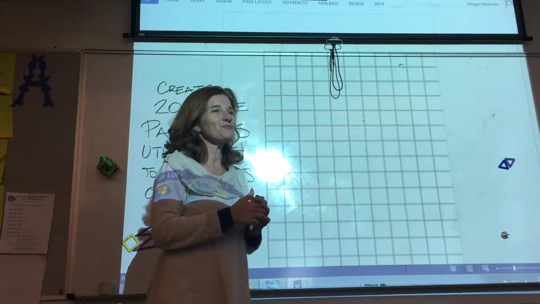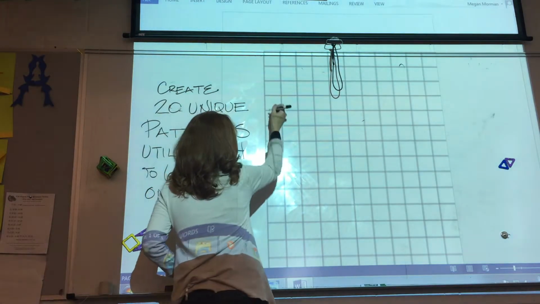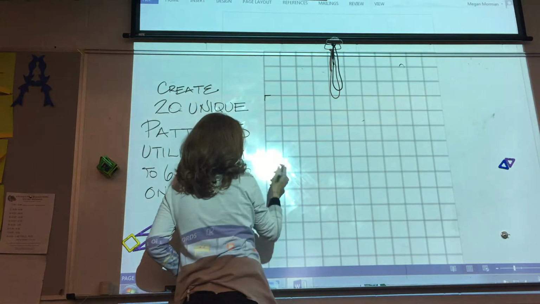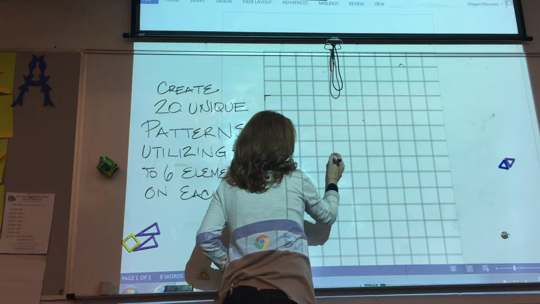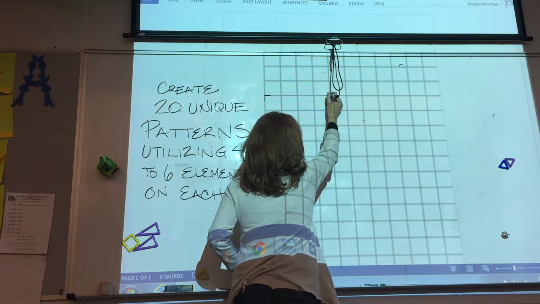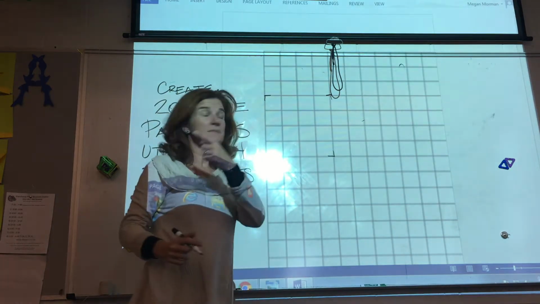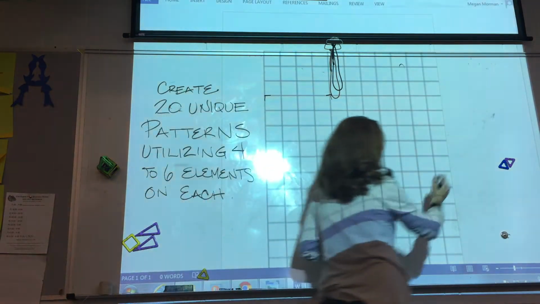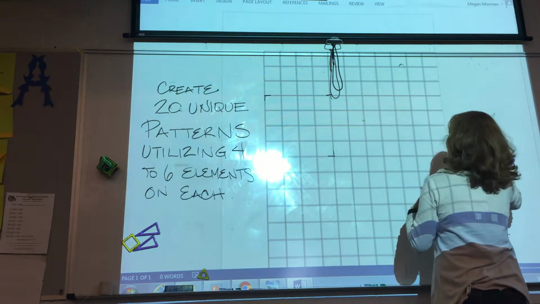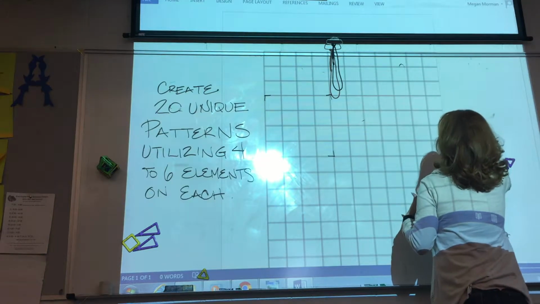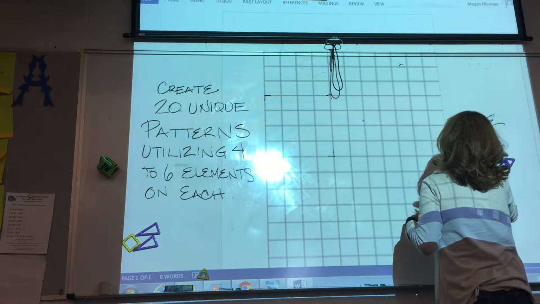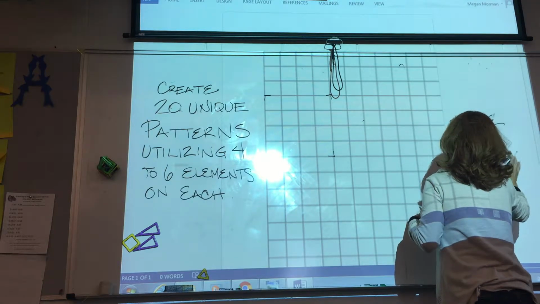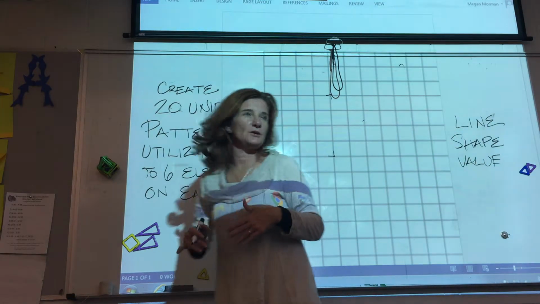What do you think I'm going to draw with the markers? Shapes. Shape is one of the elements that we're going to use. So we got shape, line, and then it's coloring in. That one we're going to call value, because that is basically how light or how dark something is. All right, so those are the 3 elements we're going to use, okay?